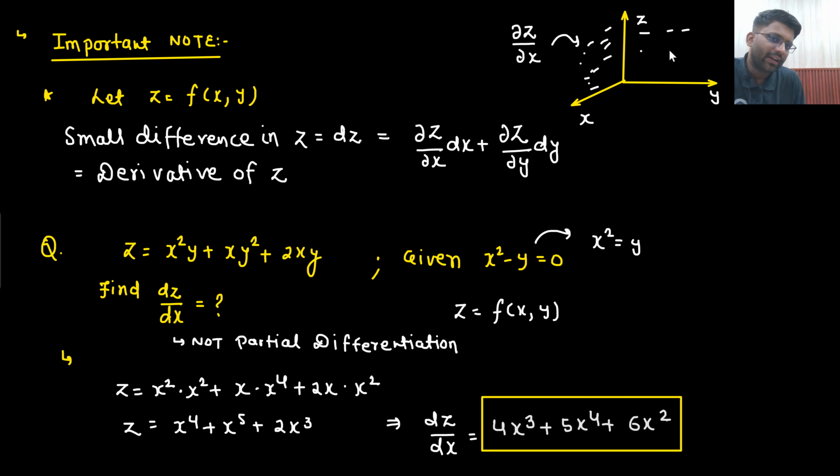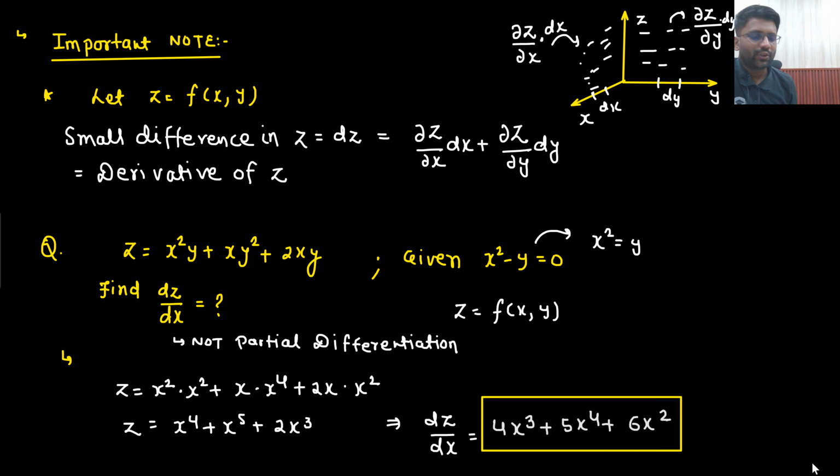And on this plane, I will find out how z is varying with respect to y. Then for a small difference dx, I will find out the change in z. And for a small difference dy, I will find out the change in z. Then I will add both of the changes, and I will get the change in z.